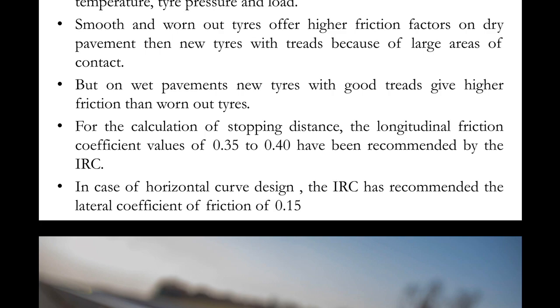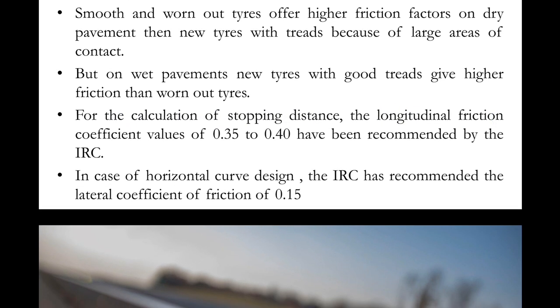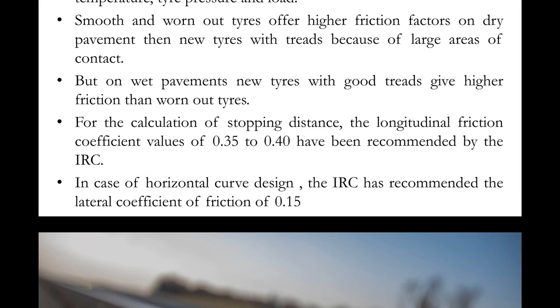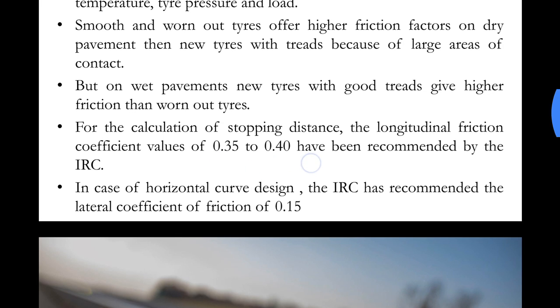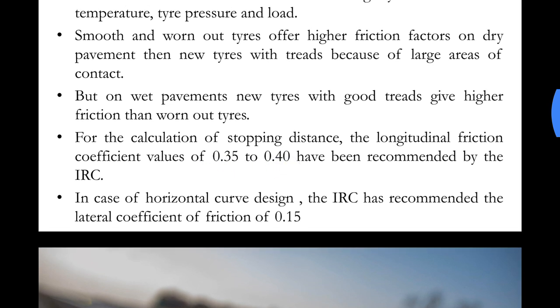For calculation of stopping distance, the longitudinal friction coefficient values of 0.35 to 0.4 have been recommended by the IRC. So Indian Road Congress recommends longitudinal friction values of 0.35 to 0.4. Now this value varies with speed.